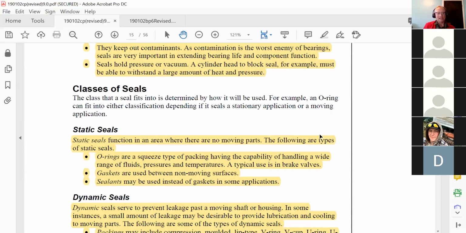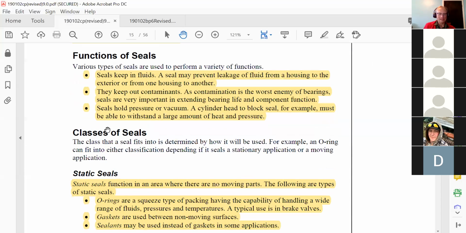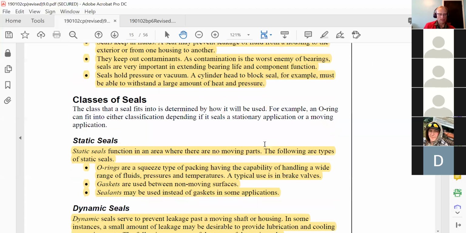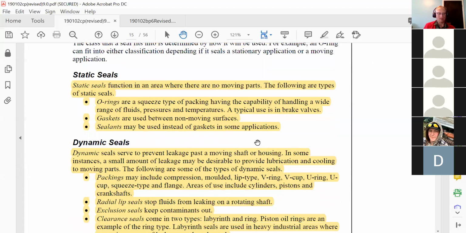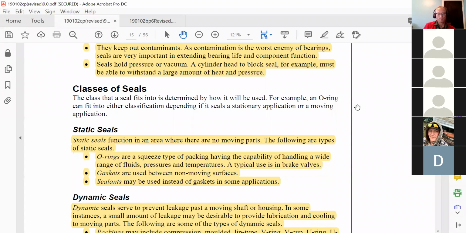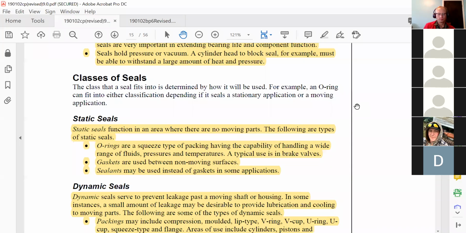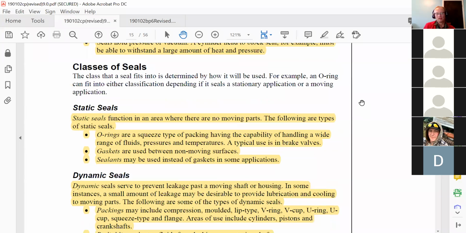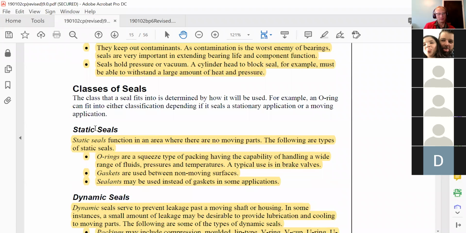Okay? Two different types of seals, so we class them in two different ways, static and dynamic. Anybody guess what they mean? Moving or non-moving parts. Yeah, that's the gist of it. So a static seal is where you're sealing two non-moving parts.